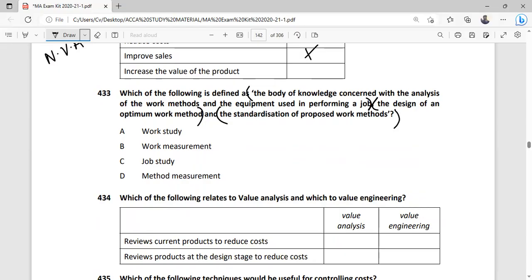All this is the definition of work study, where we evaluate, if we are performing a job, what will we do? We will use equipment in the performance of the job. There will be designing of an optimum work method, as well as standardization of the proposed work method. This is called work study.